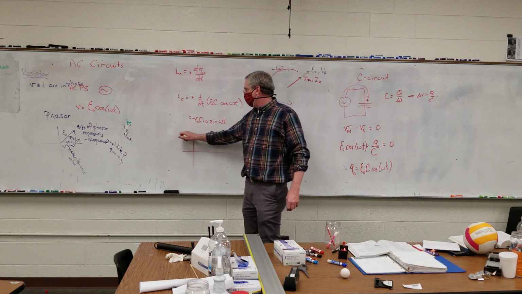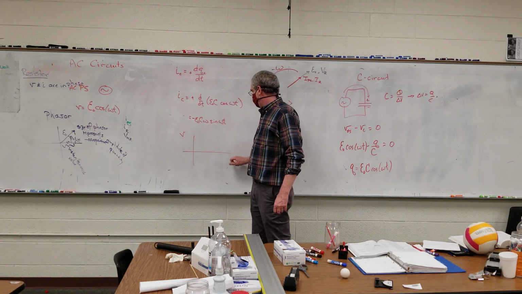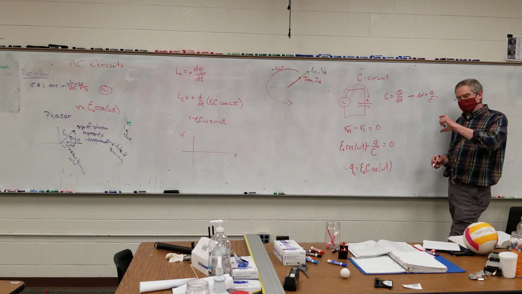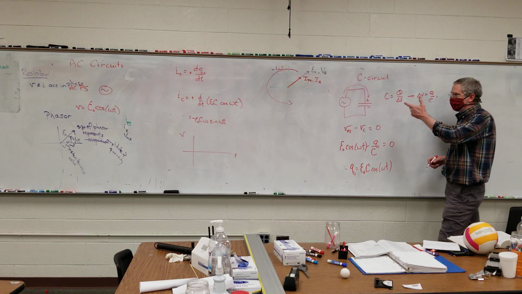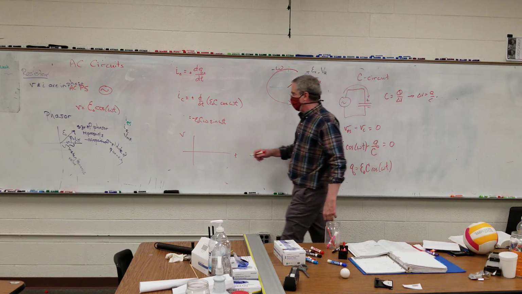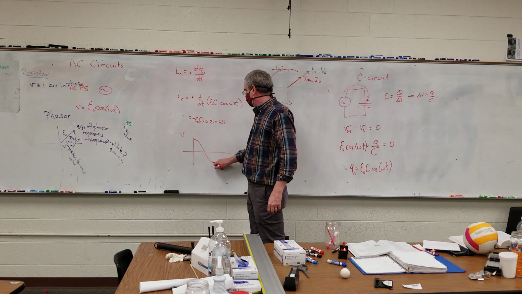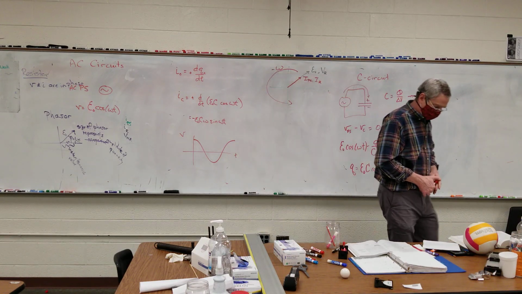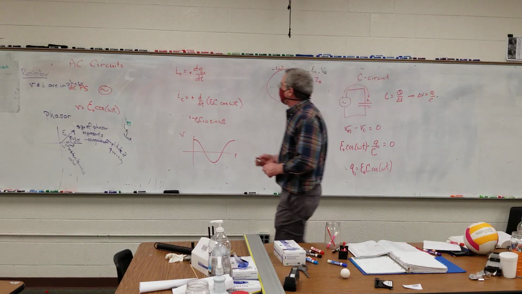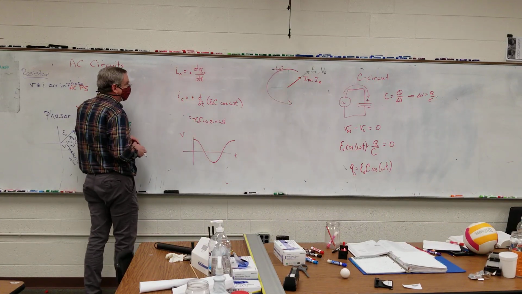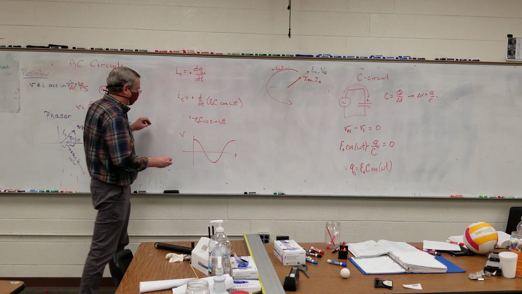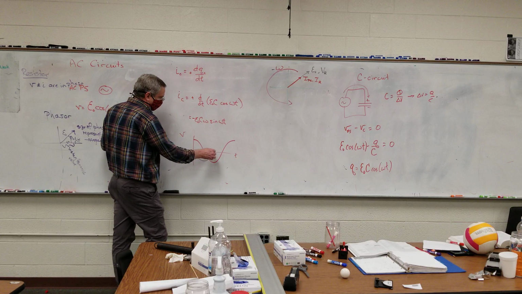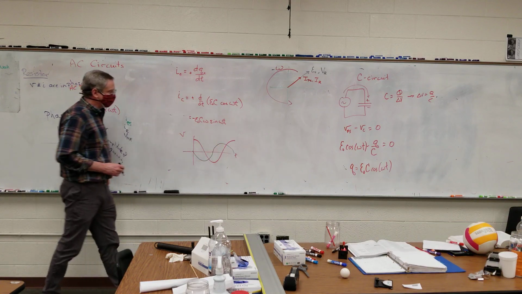So if I plot my voltage versus time, the voltage for the capacitor and the AC power supply are going to be the same, they'll be in phase. So that's my voltage curve. My current, though, is a negative sine, so the negative sine is going to look like that.